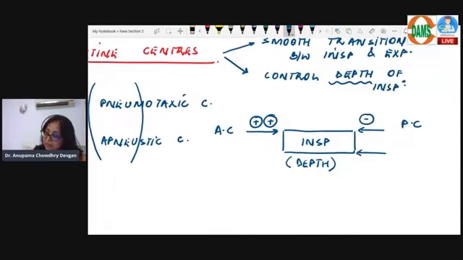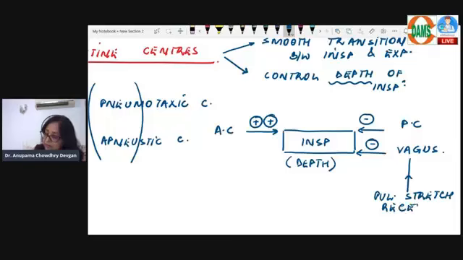Another mechanism which inhibits the depth is vagal inputs. Right? Vagal inputs come from pulmonary stretch receptors.